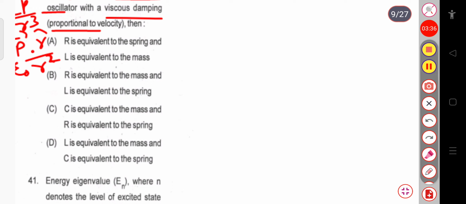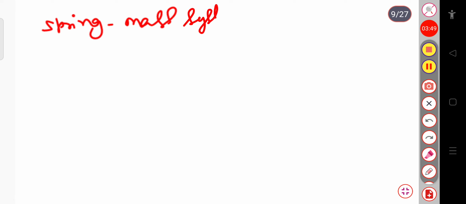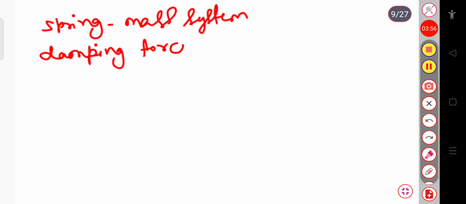Now first of all, let me check this one. You know, first of all, from the spring mass system, the damping force always opposes the motion.